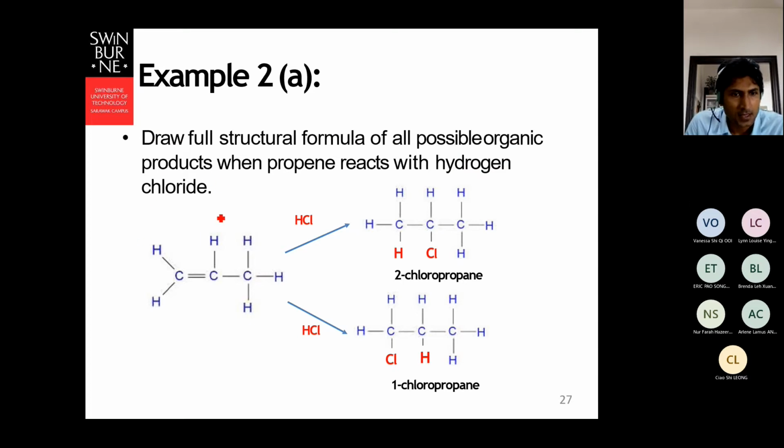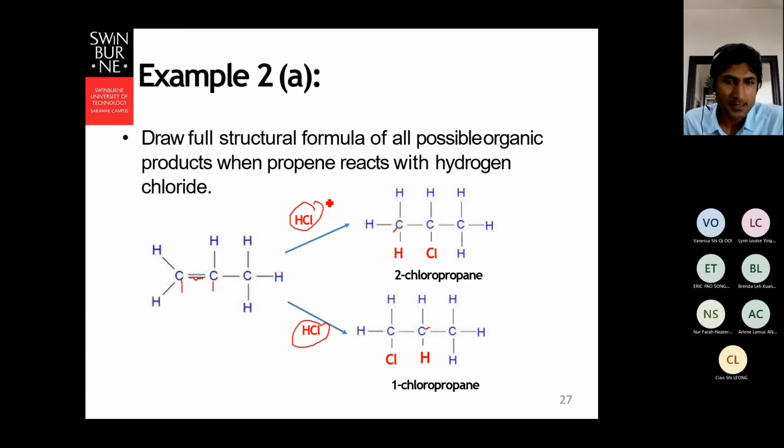All right, so if we add HCl, an acid, to this alkene, then of course the double bond is broken or opened up, and one chlorine and one hydrogen are going to attach to either side of that double bond. So hydrogen can attach to this carbon, or hydrogen can attach to this carbon.